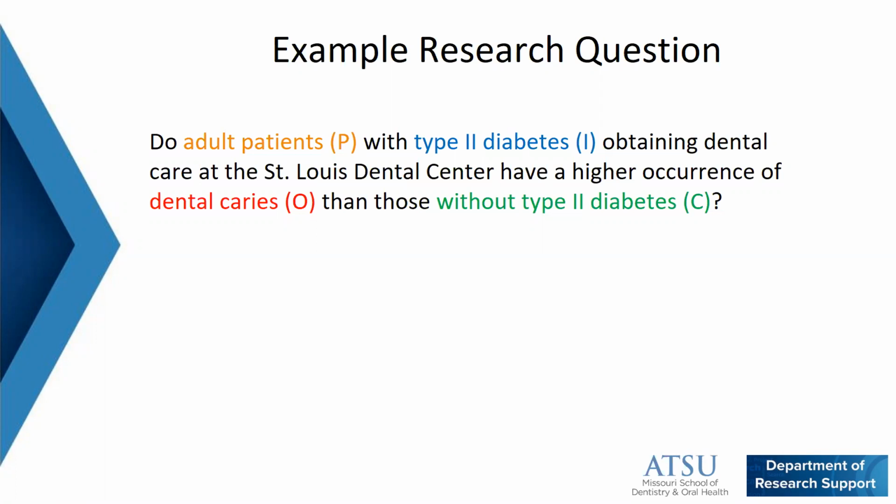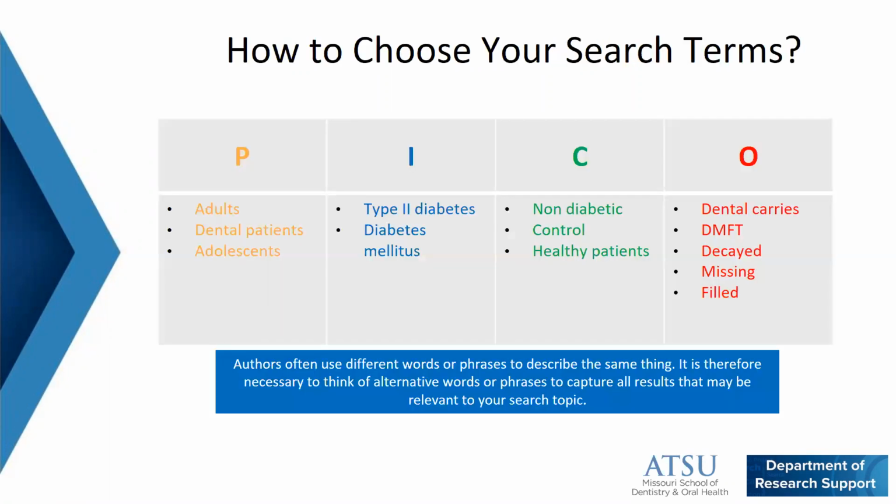We want to see if patients with type 2 diabetes seen at this particular clinic have a higher occurrence of dental caries than those without type 2 diabetes. So it's a much more focused question that will facilitate your research. Okay.